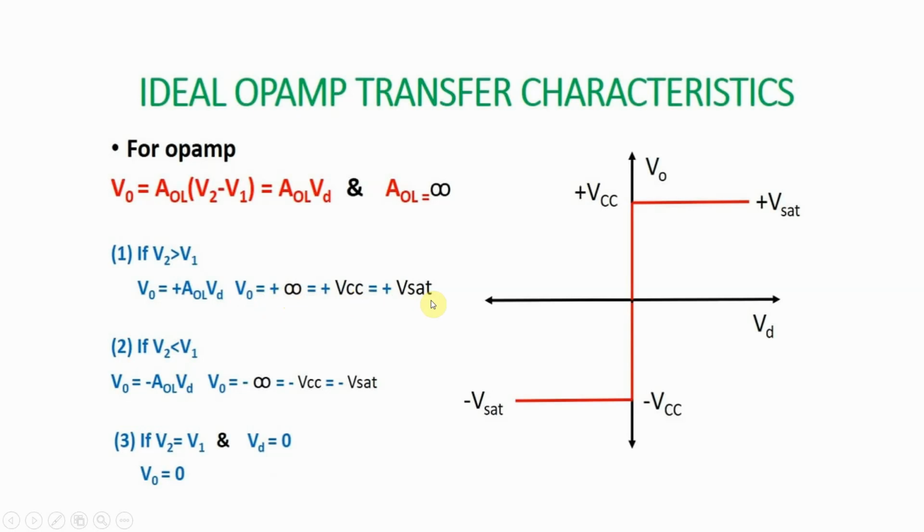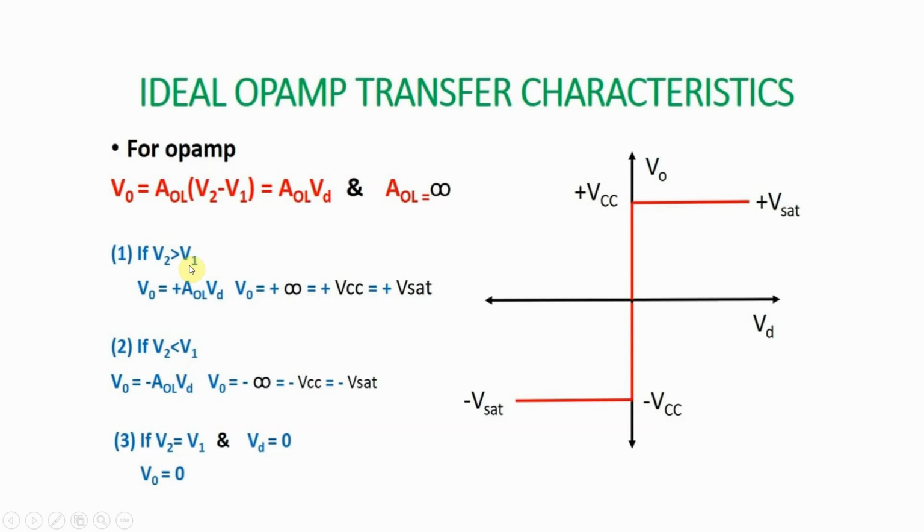In an op-amp, always remember the maximum output voltage is equal to plus VCC and minus VCC. Whatever the energy source applied to the op-amp, that is your maximum output voltage. It is known as the saturation voltage.